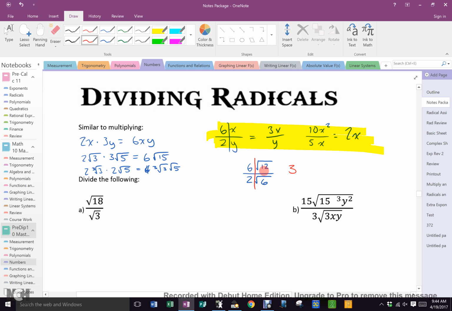And roots with roots. Now, are they the same index? When they were the same index and it was multiply, what did we do? We multiplied the radicands, yes? Are these the same index? So what do you think we should do? Divide. What do we get? Root 2. Is everybody cool with that?